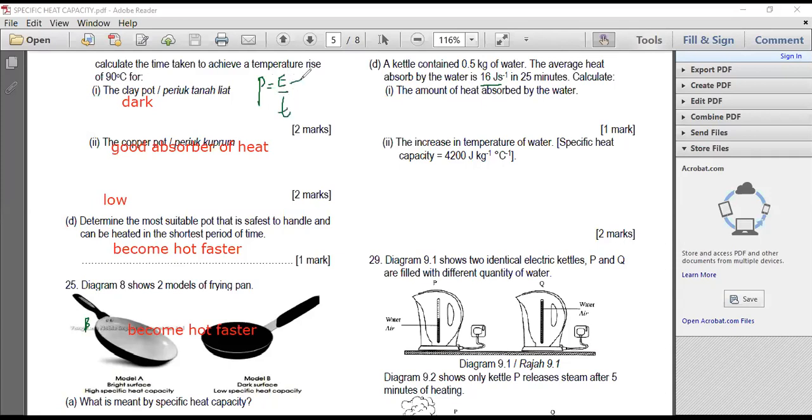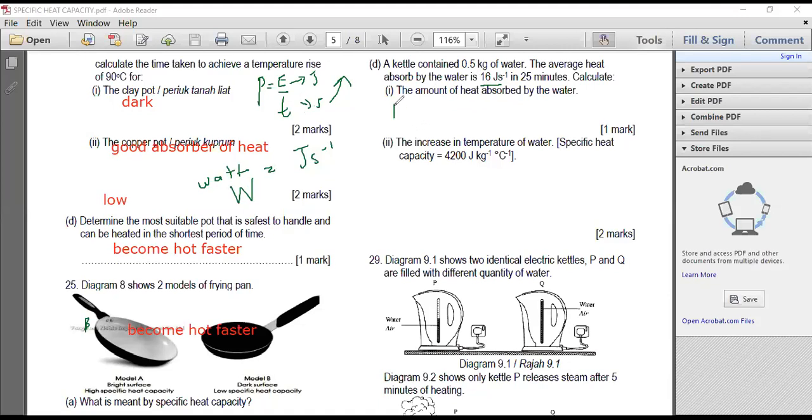The unit for energy is joule, the unit for time is second, so you get joule per second. Joule per second is the unit for power, which is also known as watt.